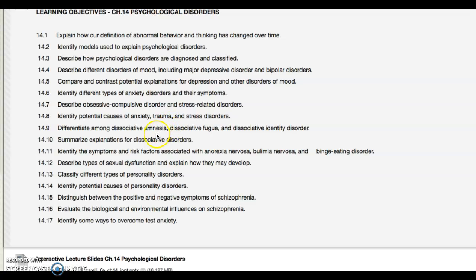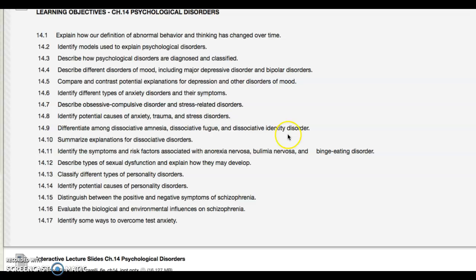Then we'll turn towards looking at dissociative amnesia, dissociative fugue, and other dissociative identity disorders, which used to be termed multiple personality disorder, where a person literally has a split in their personality or identity and causes confusion and some chaos in the person's life.